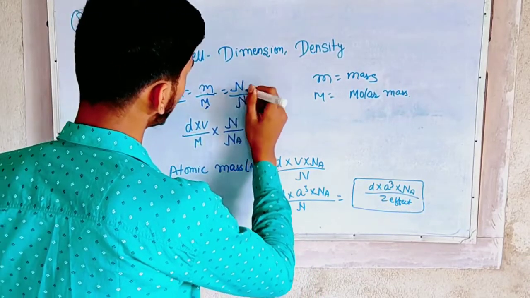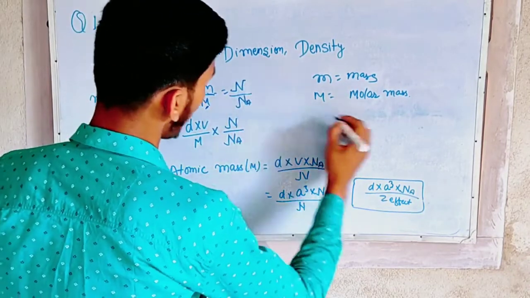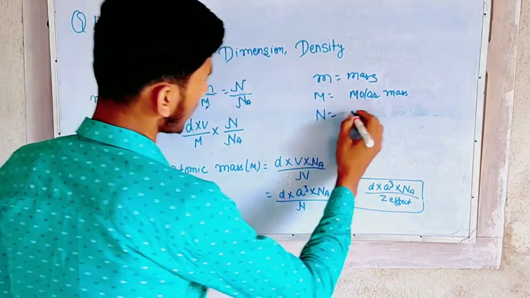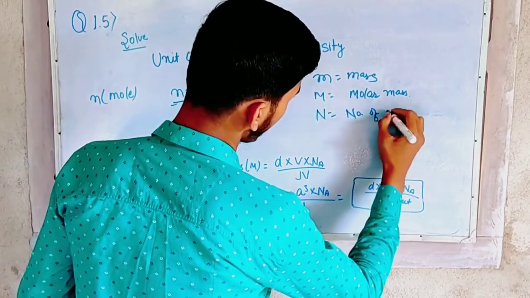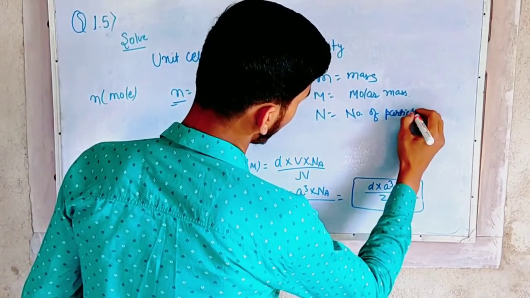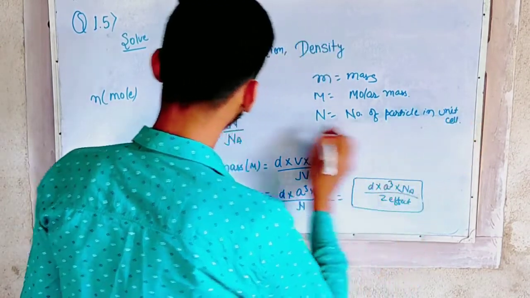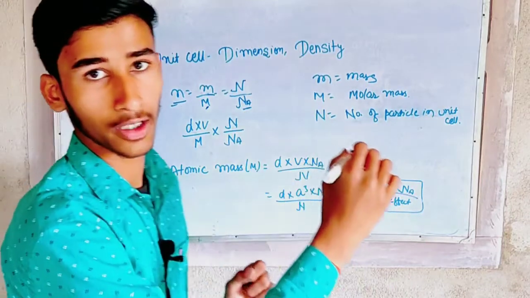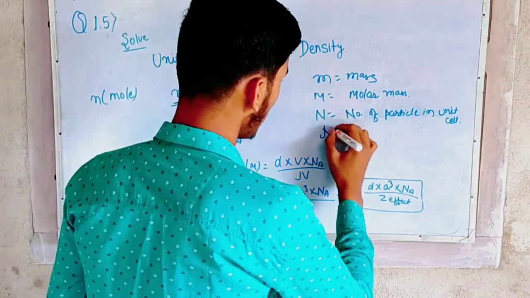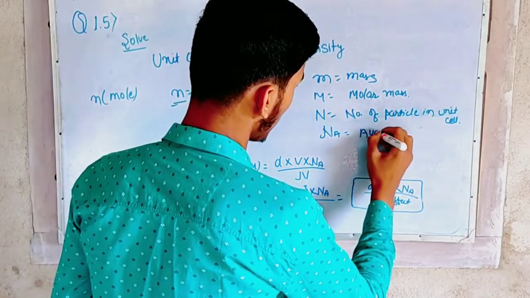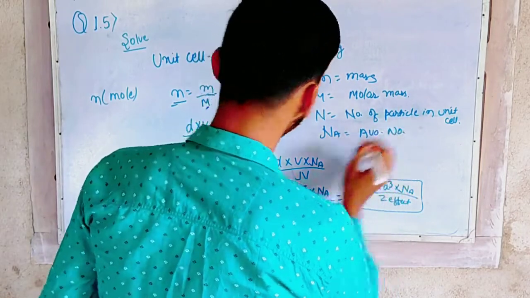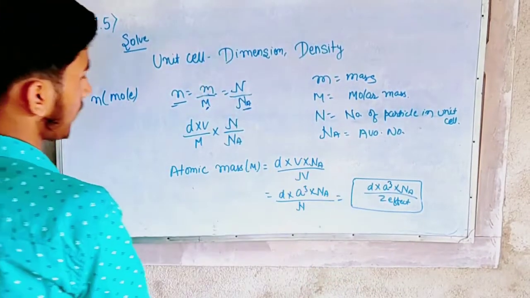And the formula for the number of particles, so N, number of particles in a unit cell, right? And Na means the Avogadro number. I hope you understand. This is the short form of Avogadro.